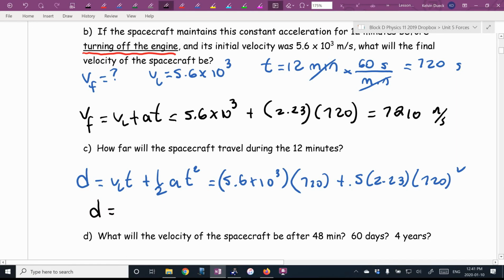I don't want to write that much, so I'm going to go 4.61 times 10 to the what? You didn't get 4.61? What'd you get? 5.32 times 10 to the... That can't be 5 million then.